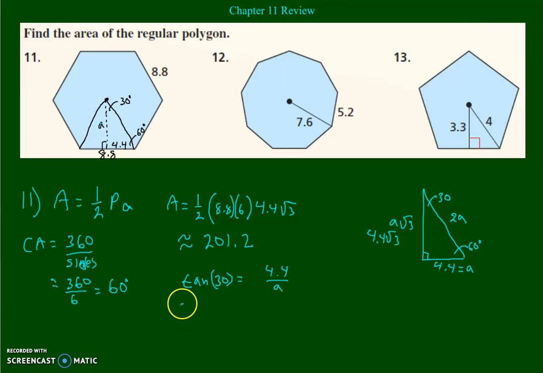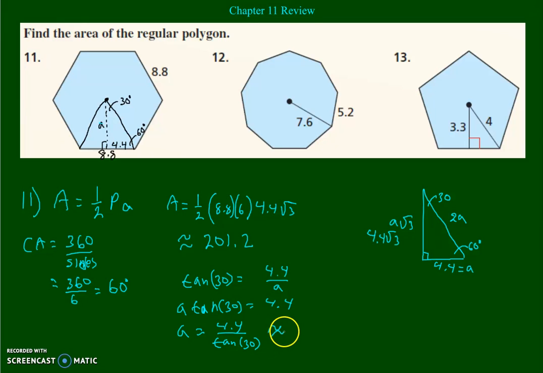Multiplying by apothem, a tan 30 equals 4.4, dividing by tan 30, the apothem equals 4.4 over tan 30.